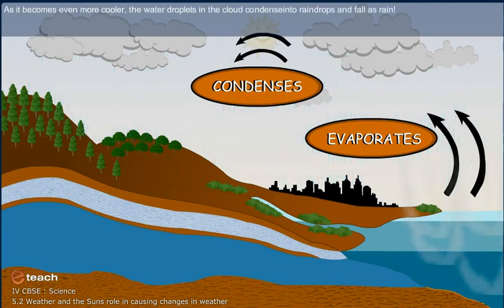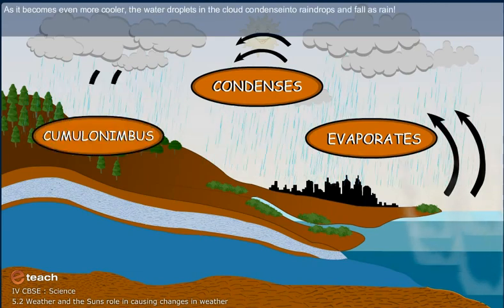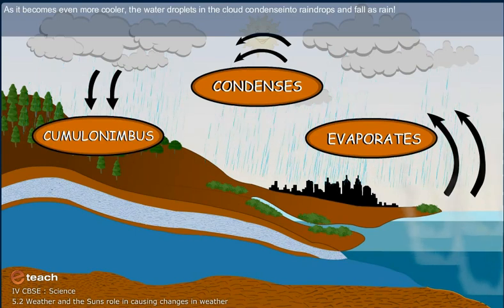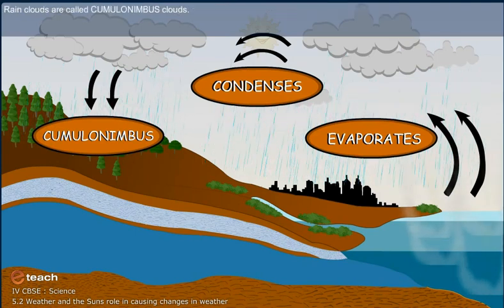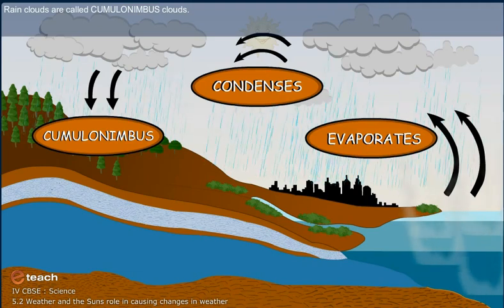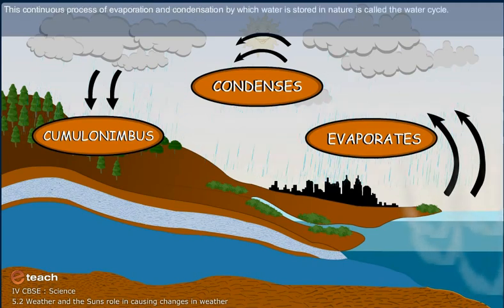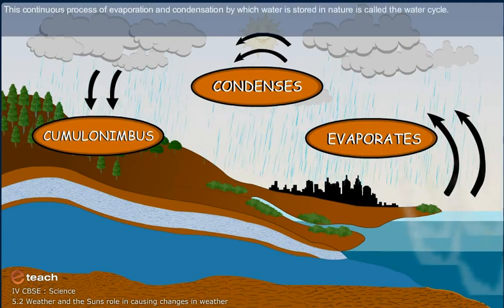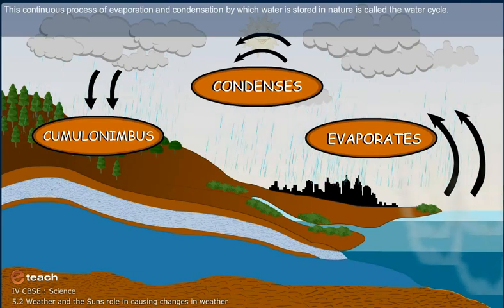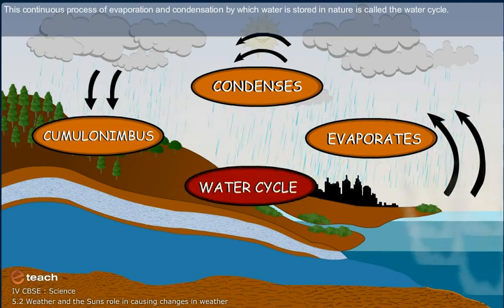As it becomes even cooler, the water droplets in the cloud condense into raindrops and fall as rain. Rain clouds are called cumulonimbus clouds. This continuous process of evaporation and condensation by which water is stored in nature is called the water cycle.